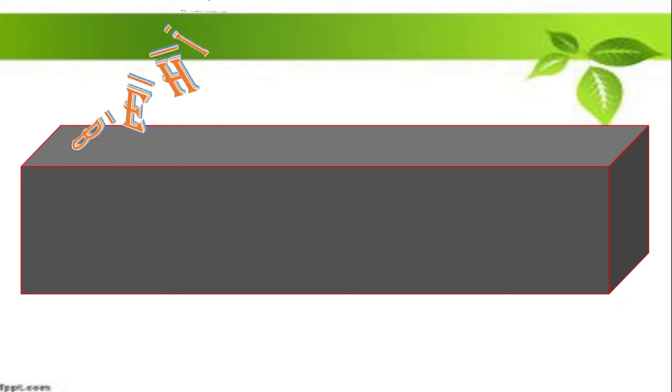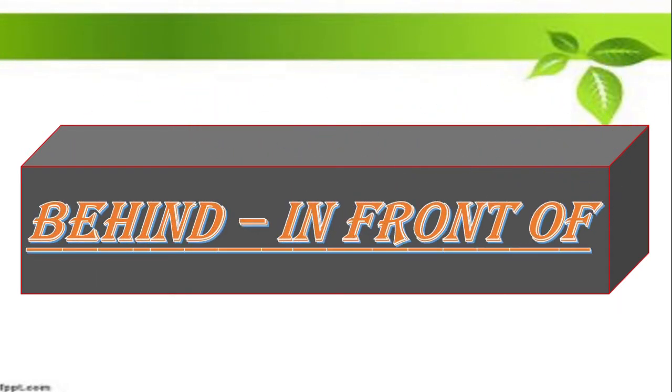Dear children, first we will try to understand the meaning of behind and in front of. Here you can see two words. First one is behind. The spelling is B-E-H-I-N-D, behind.